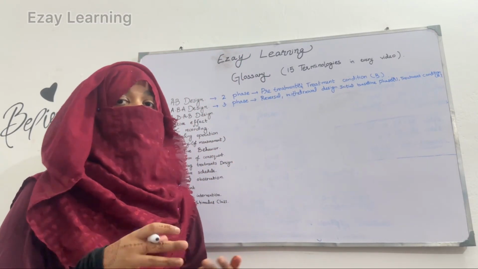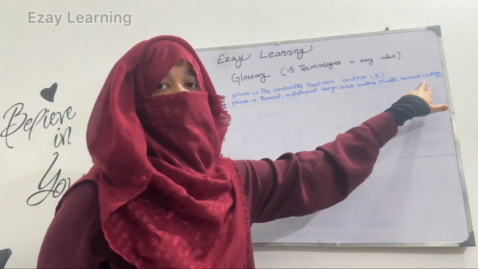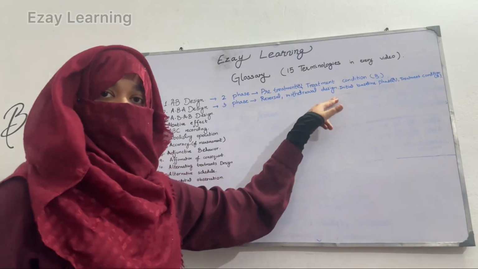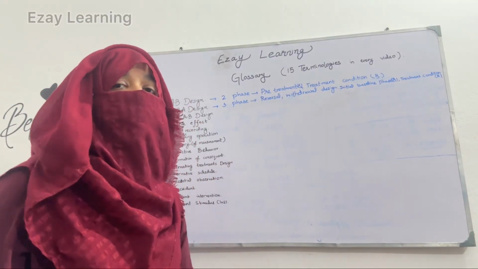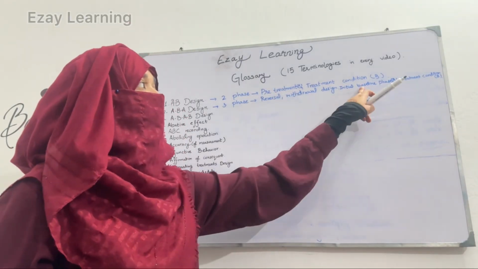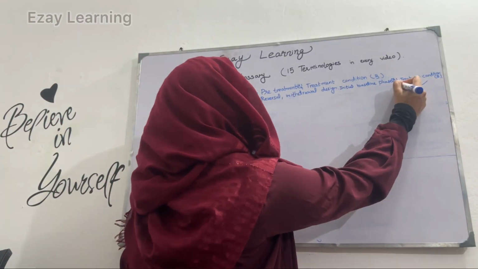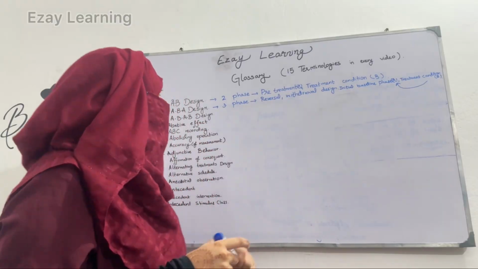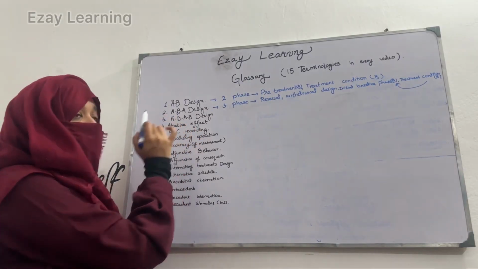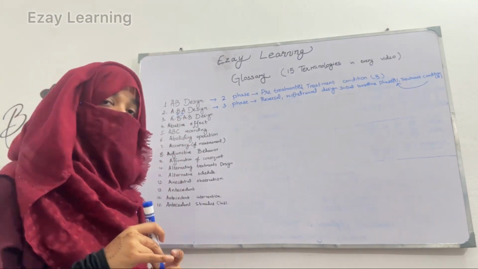Now what is the last A? When initial baseline data is taken, treatment is given, then the treatment condition is withdrawn or reversed to the initial phase. Basically, the treatment is removed to see the baseline again, to compare the results between the initial baseline phase and the later phase. So it would again be the A phase, which is the baseline condition. That's why it is called reversal: the initial baseline phase is followed by a treatment phase, then the treatment is removed and the condition is reversed to the baseline phase.